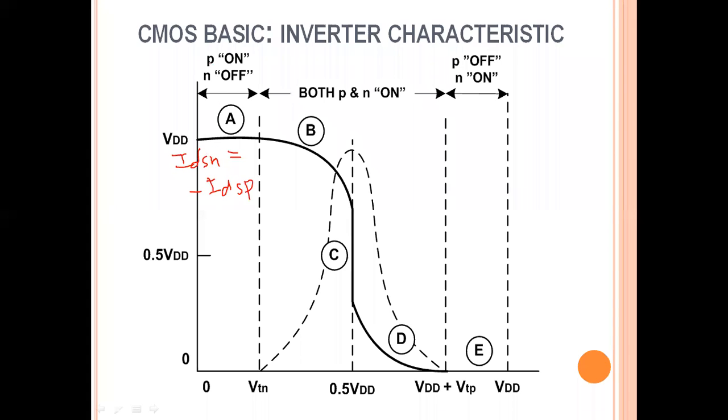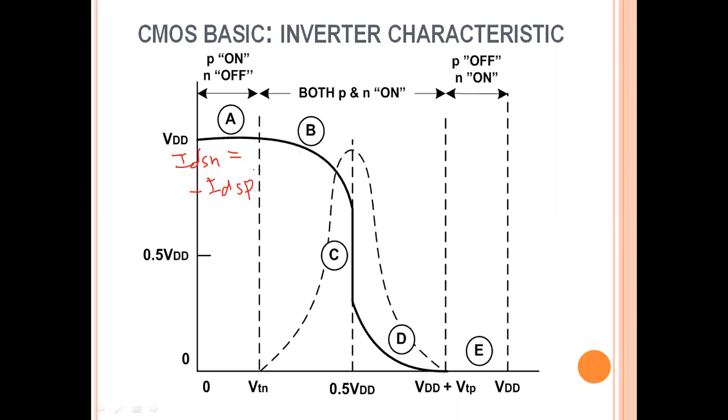Why is this the relation? Because in region A, the PMOS is on and the NMOS is off. The N device is in cutoff, that's why IDSN is equal to 0, and the P device is in the linear region, where it acts as a resistor. So IDSN is equal to minus IDSP, and IDSN is equal to 0.